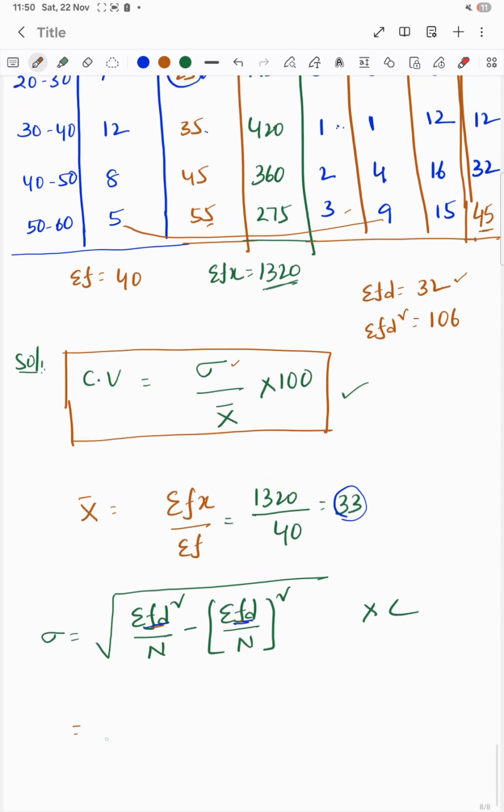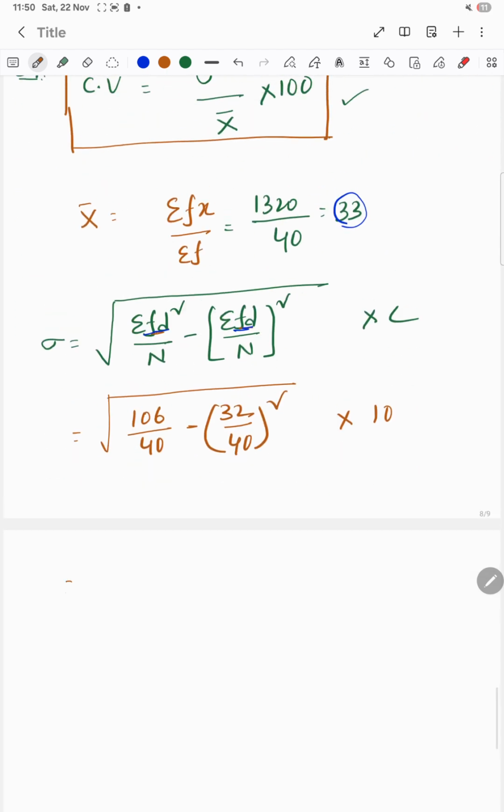Now let's substitute all these values in this standard deviation formula. This implies square root of summation of fd square, 106, divided by 40, minus summation of fd, 32, by n, 40, whole square, and the whole term into 10.